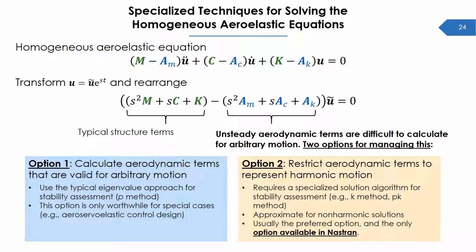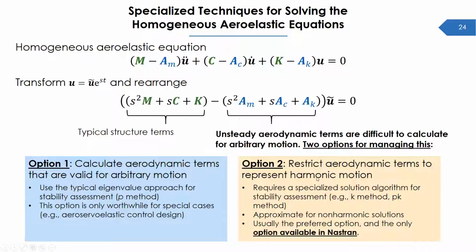So you may have heard of K method or PK method. Those are methods that allow us to do that. And this assumption is approximate anytime that we're not looking at a harmonic solution. So if the result is not neutrally damped, there's some additional error introduced by making this assumption, but it's still usually the preferred option.